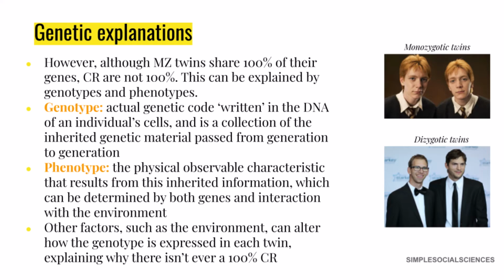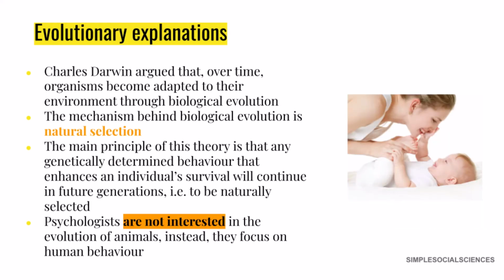Other than genetic and neural explanations, which you're going to find pop up a lot more in your studies, we also have evolutionary explanations, which are also a biological explanation. One of these evolutionary explanations uses the idea of natural selection to explain behaviour. So Charles Darwin argued that over time, organisms become adapted to their environment through biological evolution.